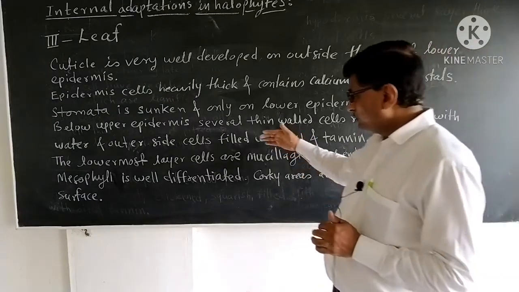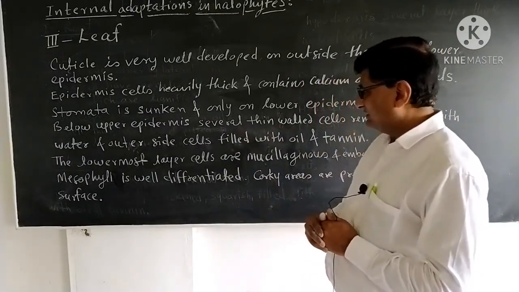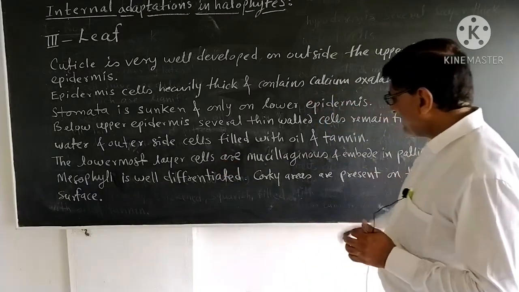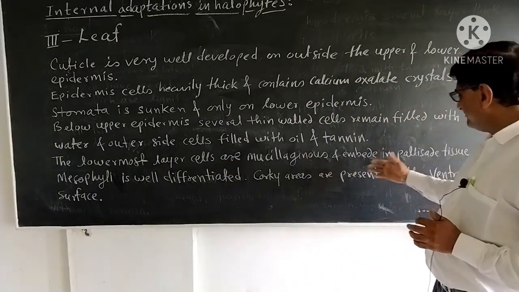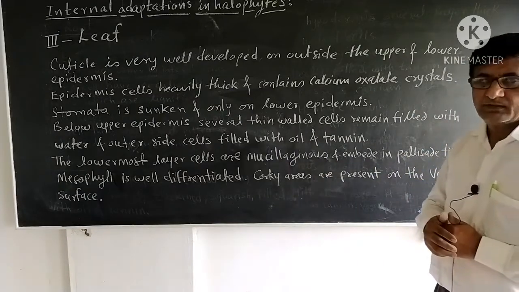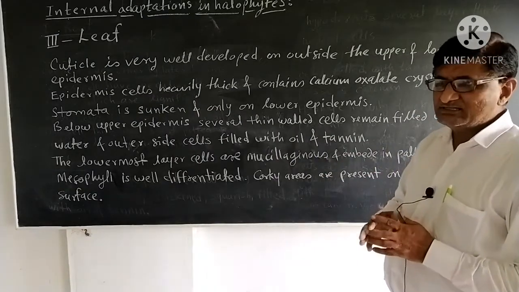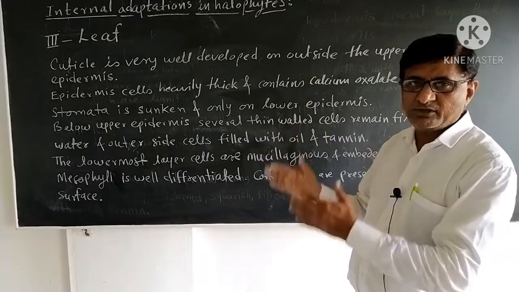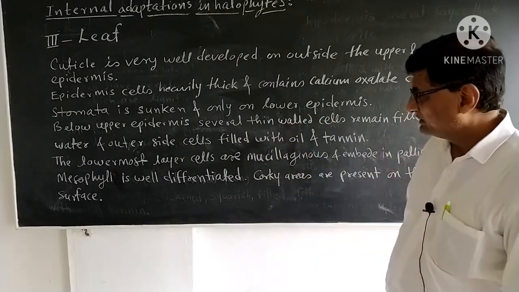Then below these hypodermal cells, the lowermost layer of the hypodermal cells is mucilaginous and gets embedded in the palisade tissue. After the hypodermal cells, you will see that the mesophyll cells are well differentiated into palisade and spongy tissue.